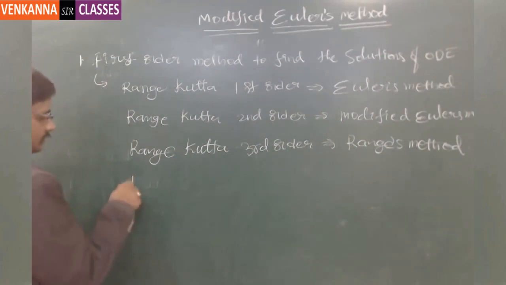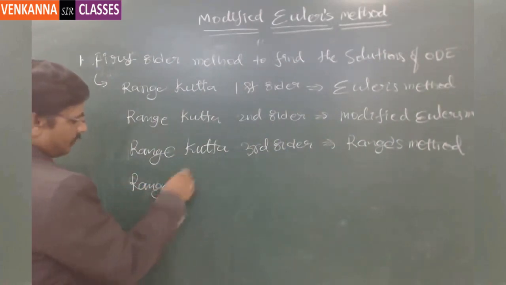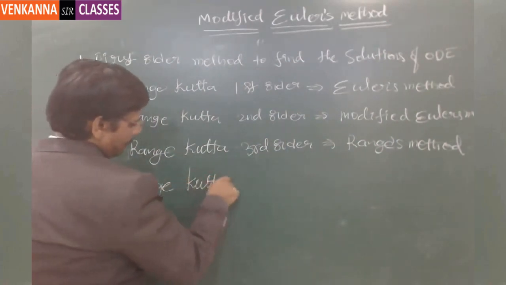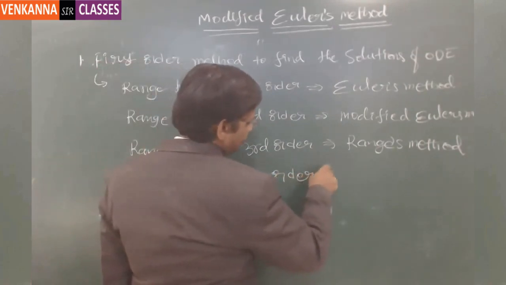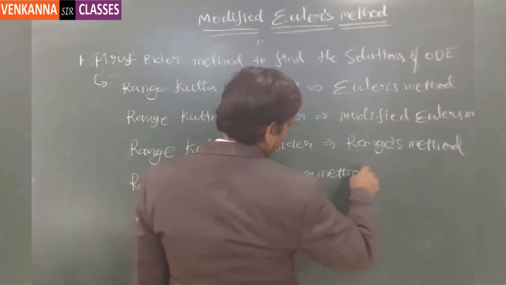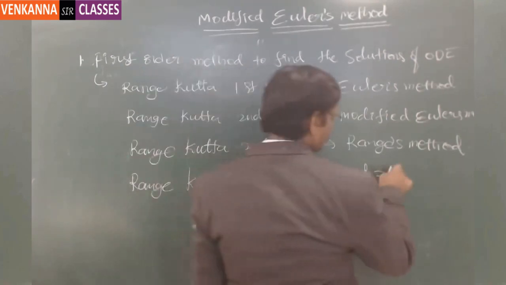And the next one is the Runge-Kutta fourth order method. So this is in general called Runge-Kutta's method.